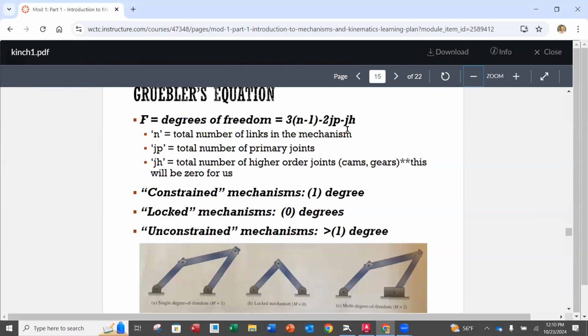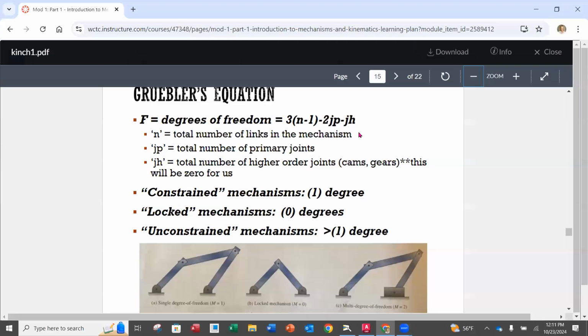And then it says minus JH. Those are higher order joints. The 2 higher order joints that they most often reference are a gear and a cam. But as I had stated earlier, when we talked about these different types of joints and how to represent them in a kinematic diagram, I let you know that we will discuss gears and cams further when we specifically have them as a module a little bit later in our class.